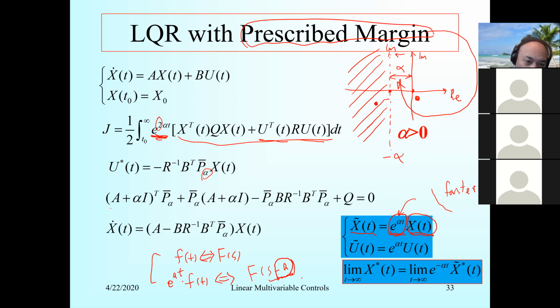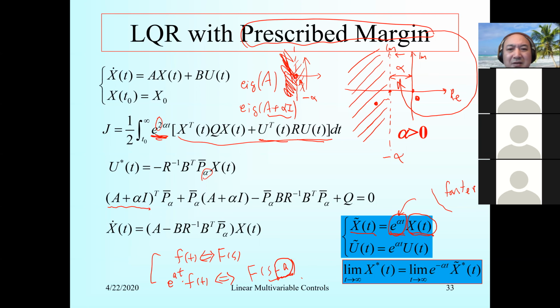I think we told you that when you put A plus alpha I, if the eigenvalues of A are stable, then your poles are in the left half plane. But what if you have A plus alpha I, where alpha is greater than 0? As if we put a line in here, this is minus alpha, and all your eigenvalues are in here.